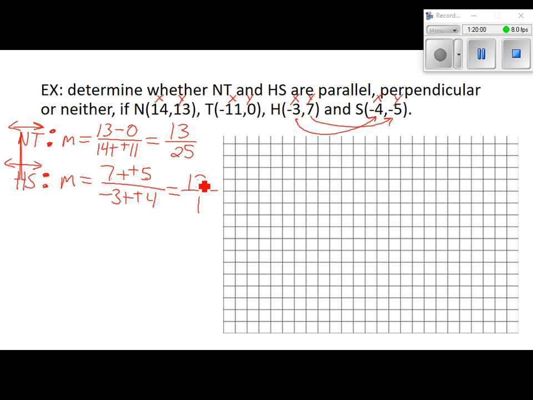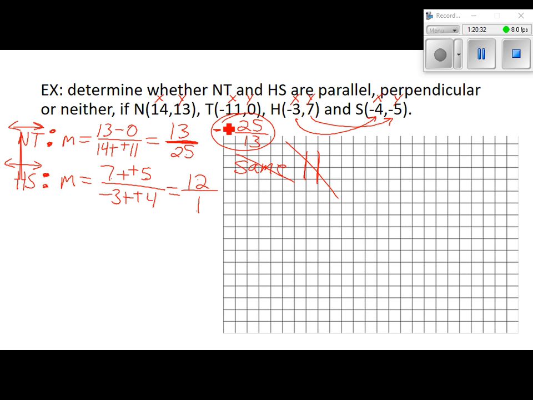Look at these two, 12 over 1 and 13 over 25. They're not the same. So that means these lines can't be parallel. Well, they might be opposite reciprocals of each other. So if I try to figure out if they're opposite reciprocals, the opposite reciprocal of 13 over 25, it's a positive, so it'd be a negative, and we flip it over, 25 over 13.